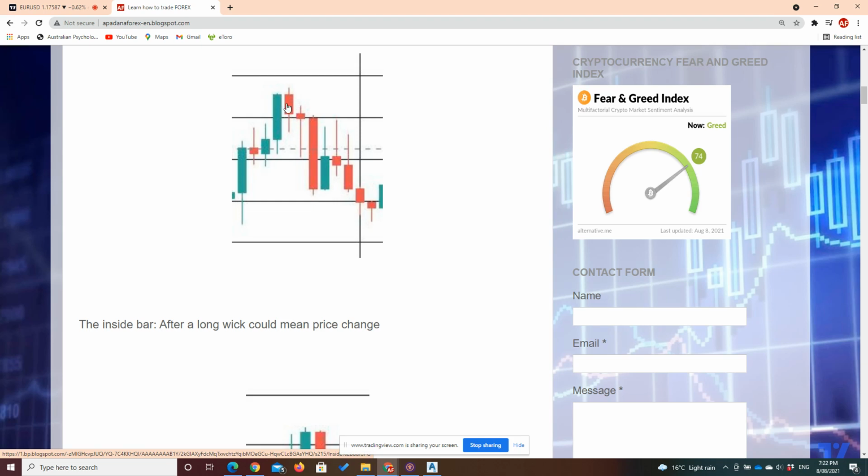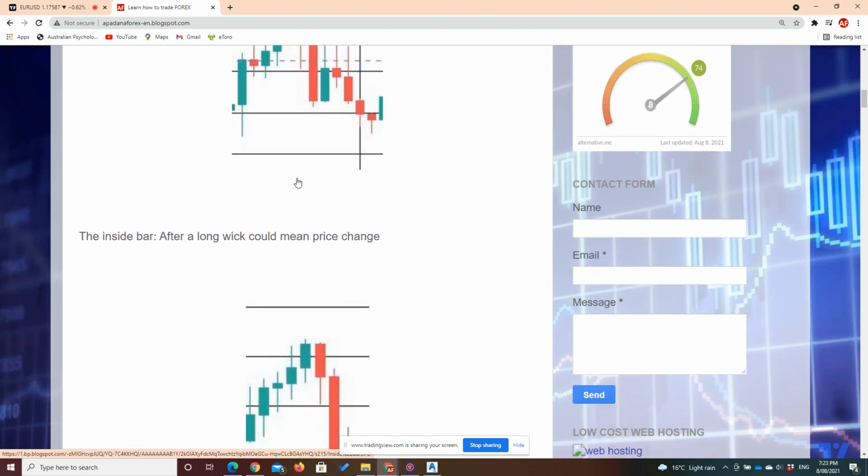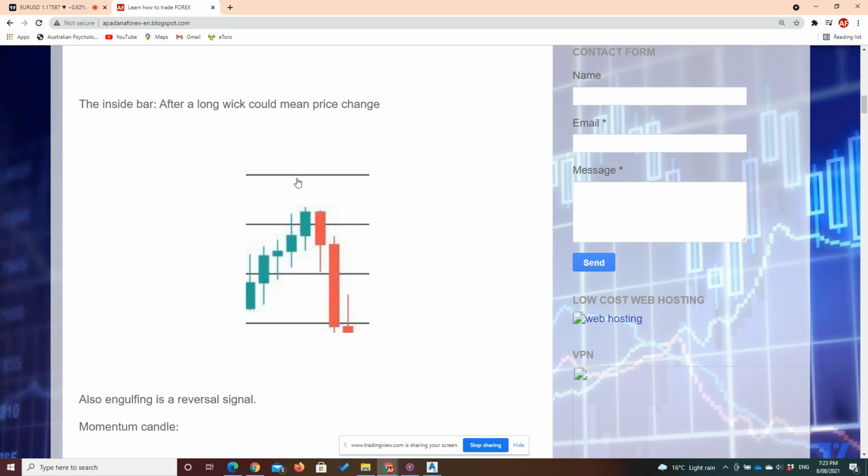So in that situation, if we are in the uptrend like here, it means that buyers didn't have enough power to push the price up and up again. So this could be a reversal signal.